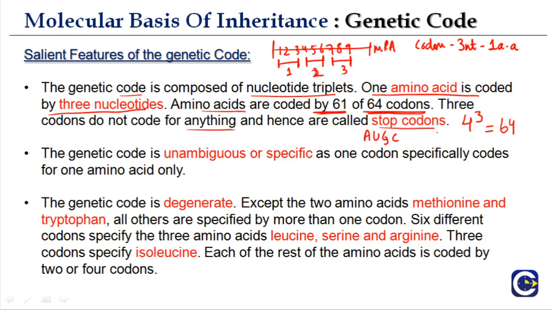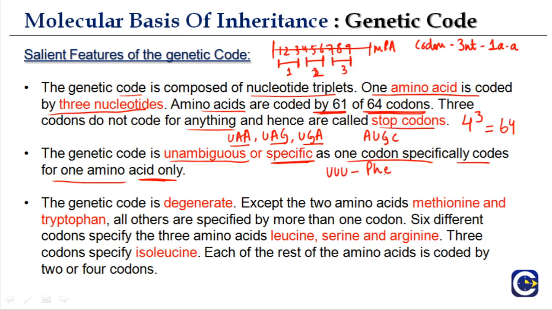And which are the 3 stop codons? UAA, UAG and UGA. Just keep on repeating that, UAA, UAG, UGA, and you will very easily learn it. The genetic code is unambiguous or specific, as one codon specifically codes for one amino acid only. One codon, for example UUU, will always encode only for phenylalanine and nothing else.